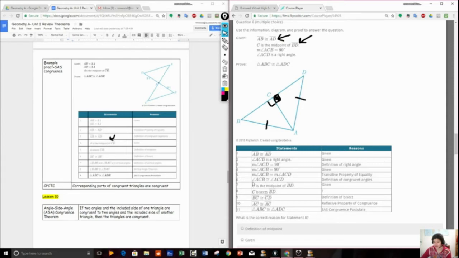And then they're saying the measure of angle ACB, they're saying that this angle is equal to the measure of angle ACD, this angle right here. And they're saying it's the transitive property of equality. The reason why they can say that is because both of those angles equal 90 degrees.